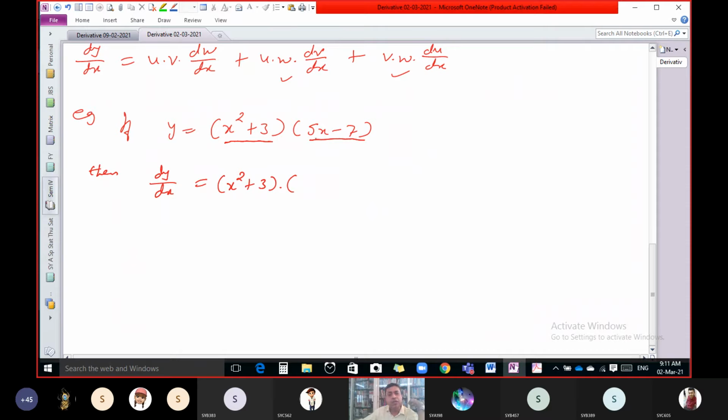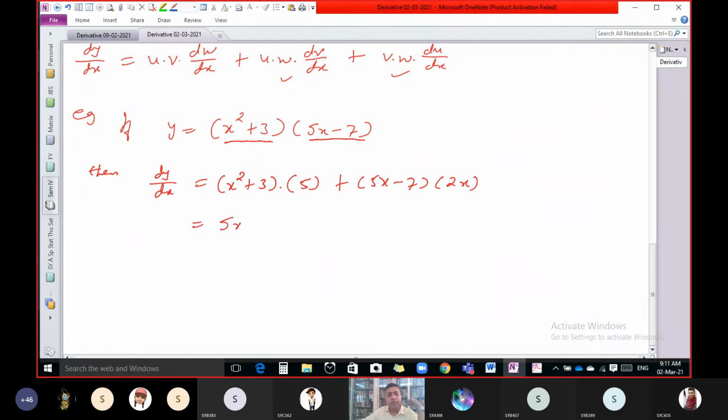Now tell me, what is the derivative of 5x? 5. And the derivative of 7? 0. So no need to write 0, just simply write 5. Plus, now keep this 5x minus 7 as it is, and tell me the derivative of x square. 2x. And the derivative of 3 is what? 0.